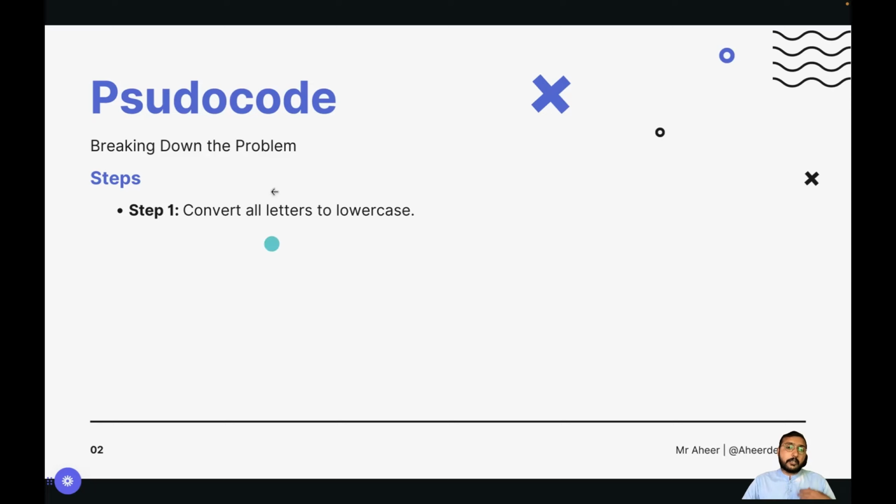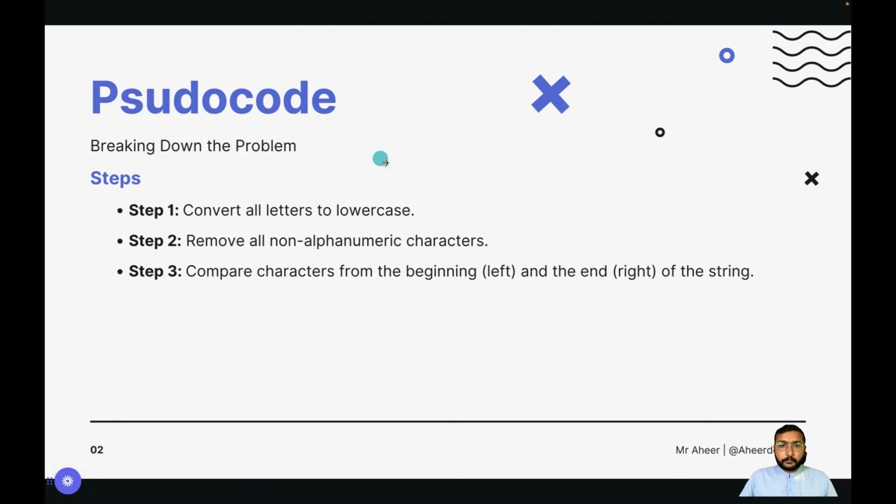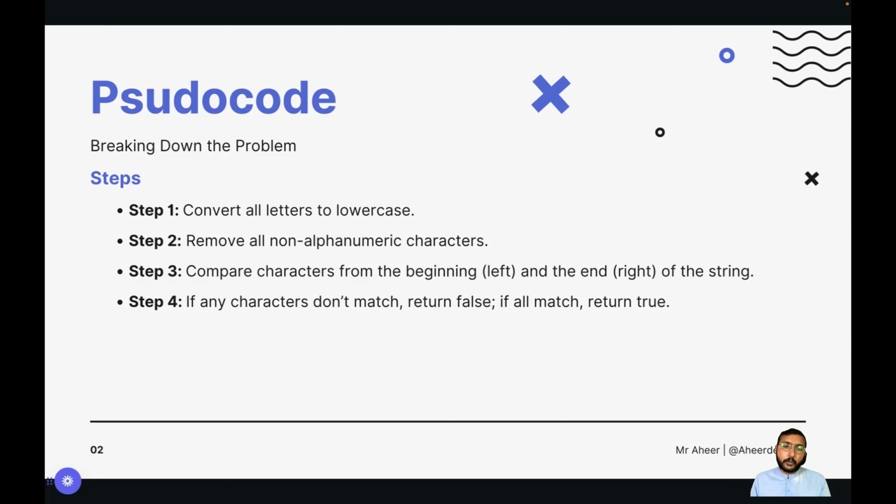We are just transforming into lowercase. Then we need to remove all the non-alphanumeric characters, like 1 2 3 4, or any special thing like a comma, or double quotes, or semicolon, whatever it will be. So we can compare the left character with the right character by moving inward, and if it matches, then we return true, otherwise we return false. So this is a simple pseudocode.